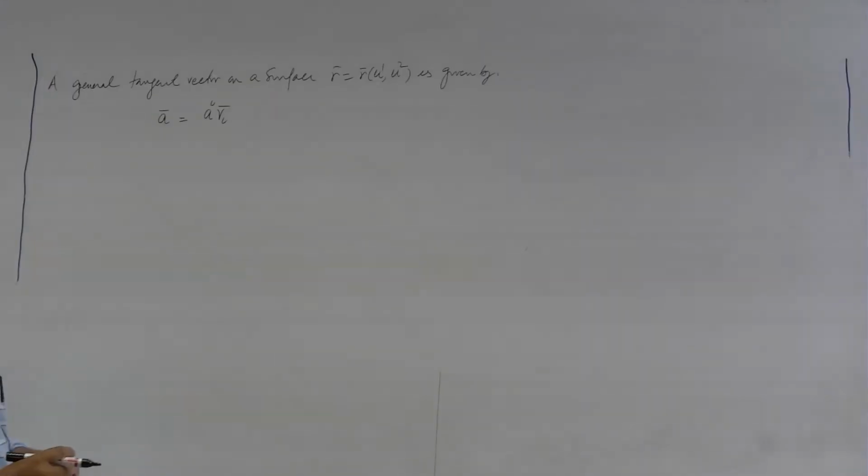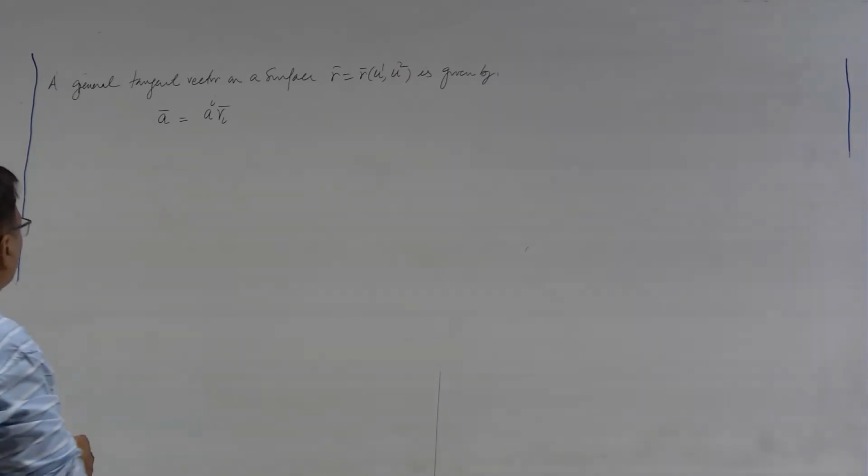So, a i's are some components, r i are the basic tangent vectors, i runs from 1 to 2. So, this will be a typical tangent vector on the surface.